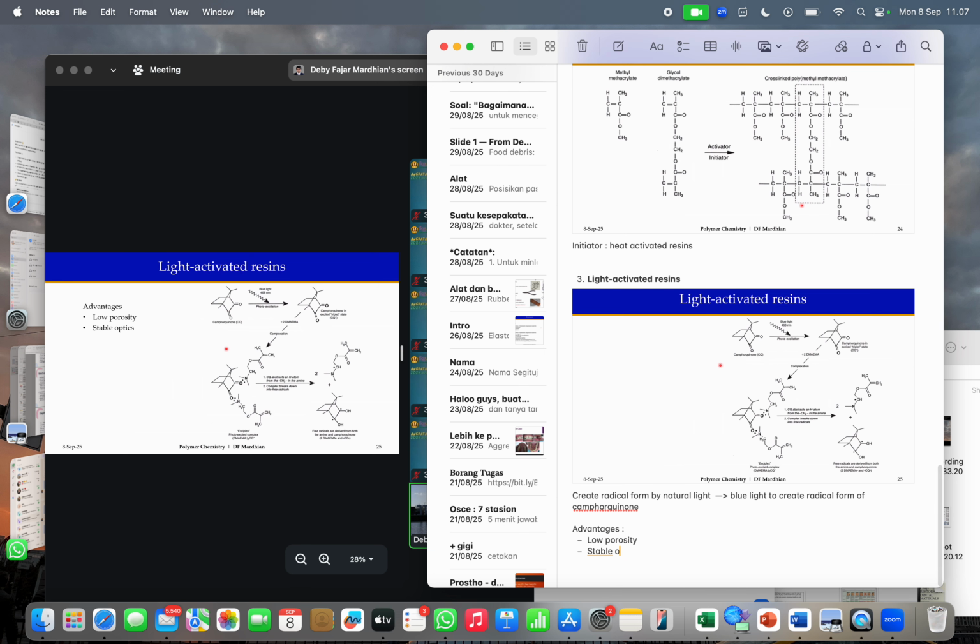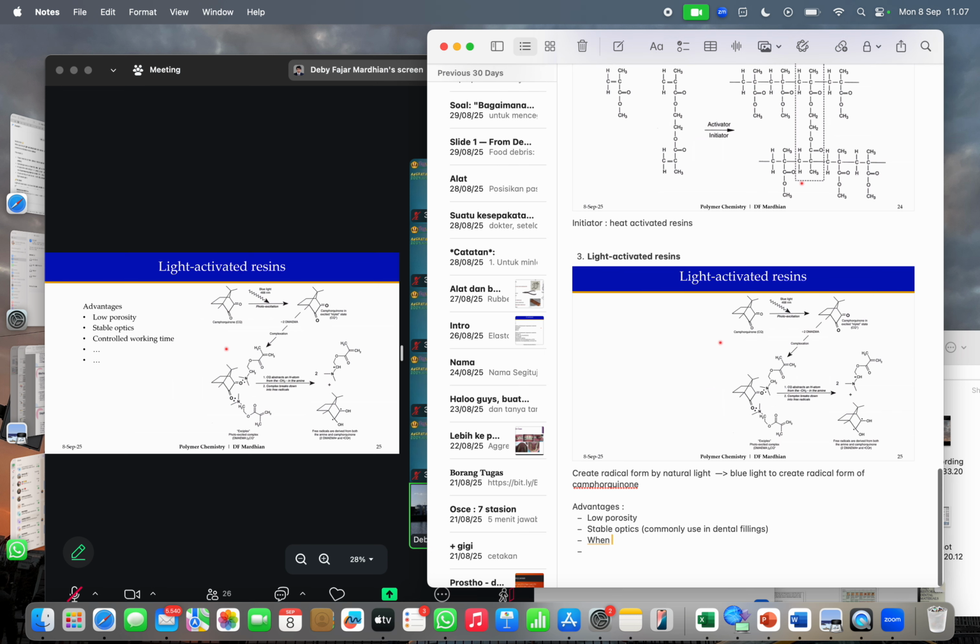That is why light activated resins are commonly used in dental fillings, and controlled working time, because when we still need to work on the shape of the material, we just leave it without light.